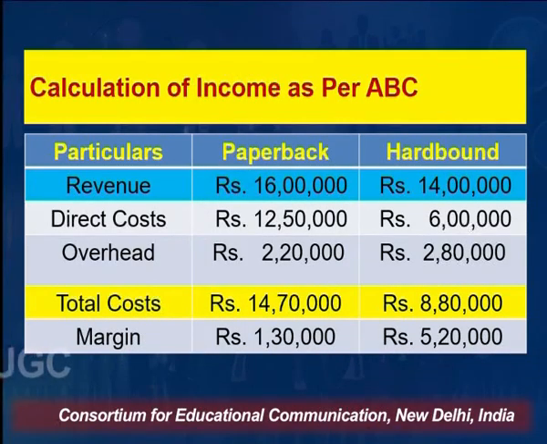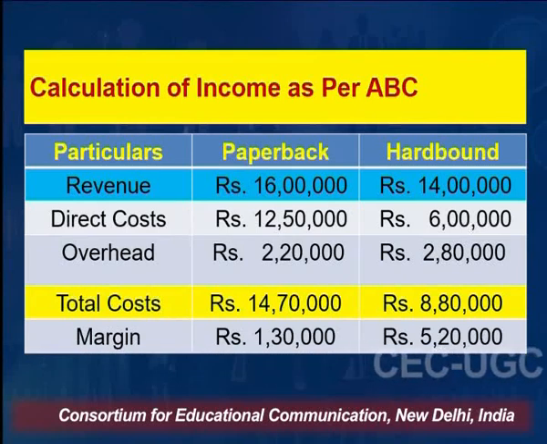Wherein the reality is different. Reality is entirely different. When you allocate those overheads in relation to their usage by a particular product, the situation is different. Yes, it is of course visible that the profit of hardbound has reduced. The reason is very simple: the increased profit of hardbound was visible only because of the increased allocation of overhead cost to paperback. So this allocation is very important.